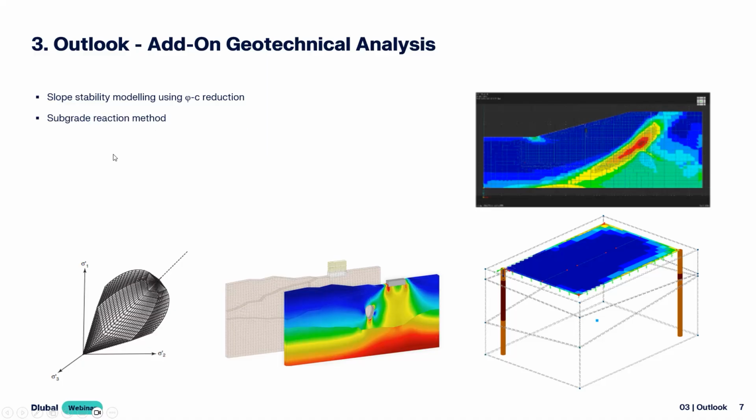Then, now we have the 3D analysis and we have the advanced half-space method. We are also working on providing the subgrade reaction method to you. It is another option to represent the soil behavior as a surface support, and it's not an iterative method.